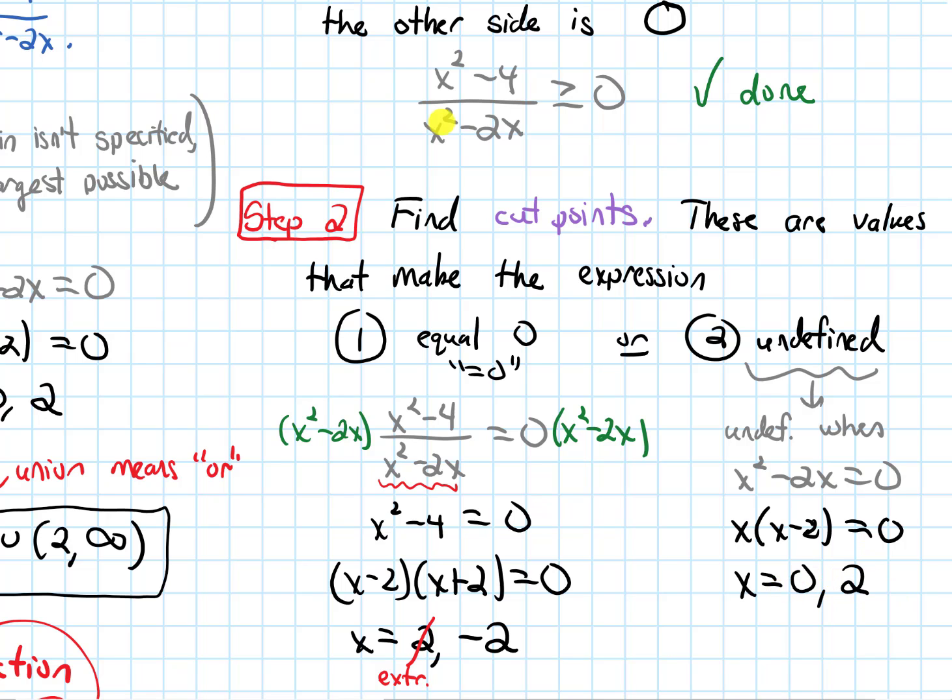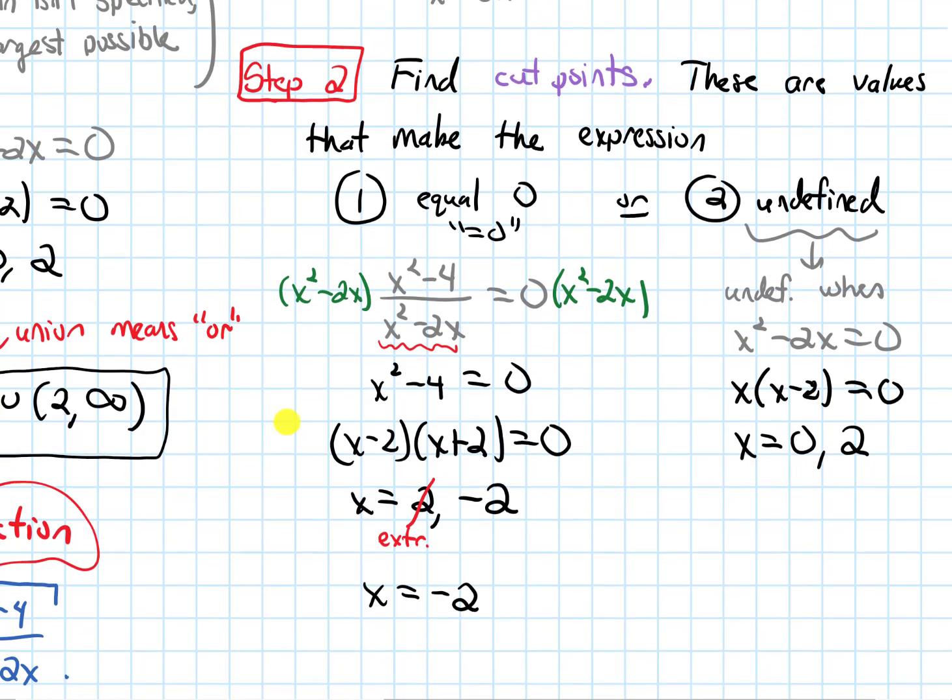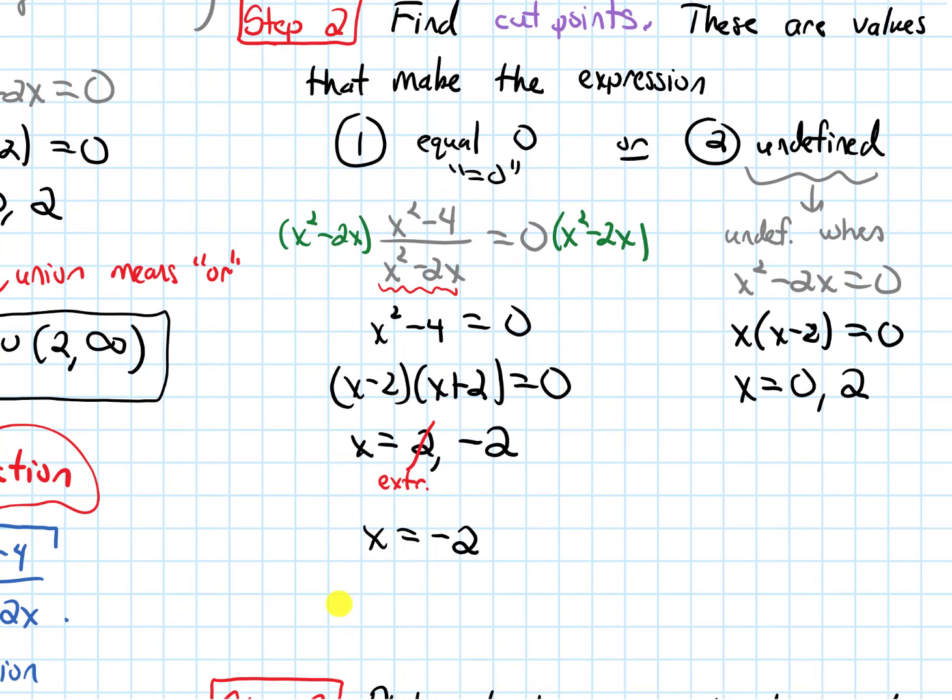Those are the values that make my expression undefined. All right, so we can now write our cut points. We have the equals 0 cut points, which was just negative 2. And then we have the undefined cut points, which were 0 as well as 2. Alrighty, so that is step 2 of the process.